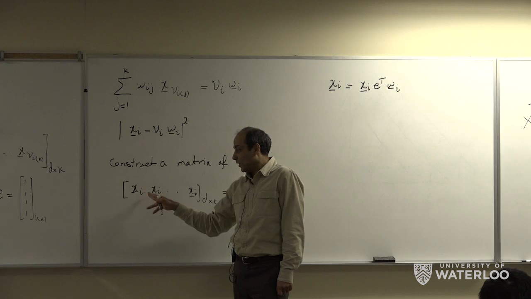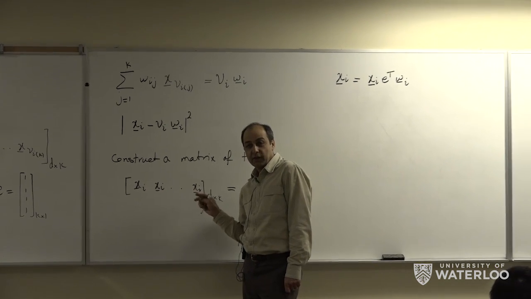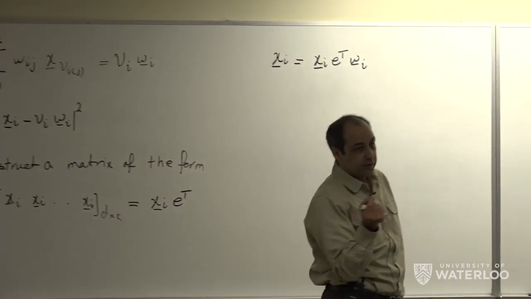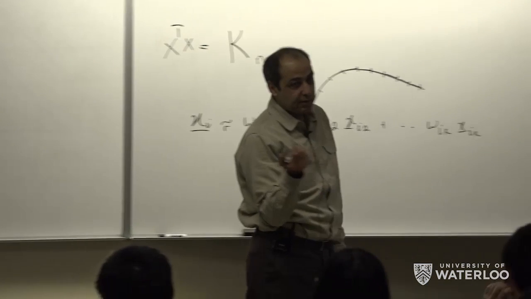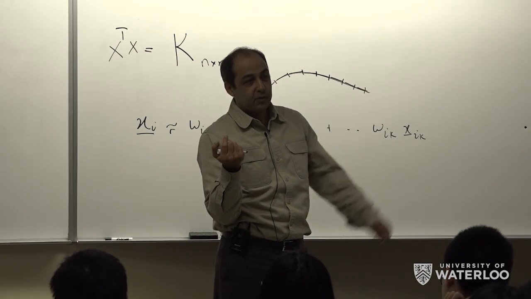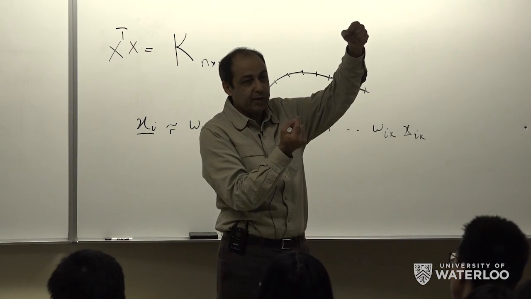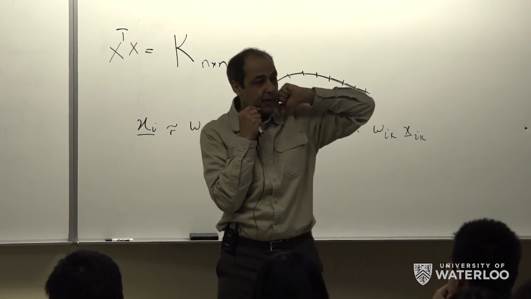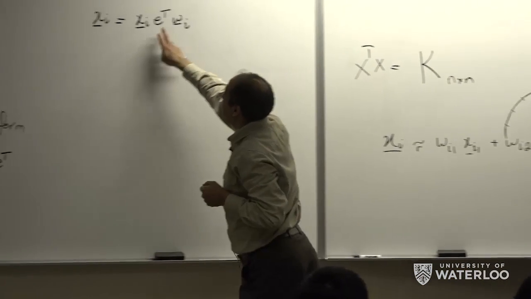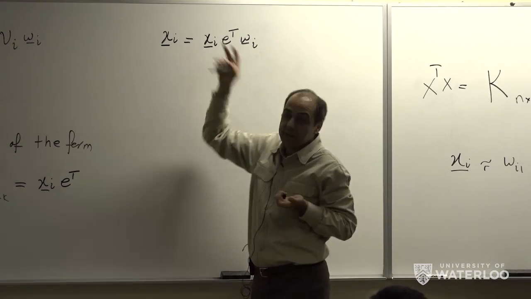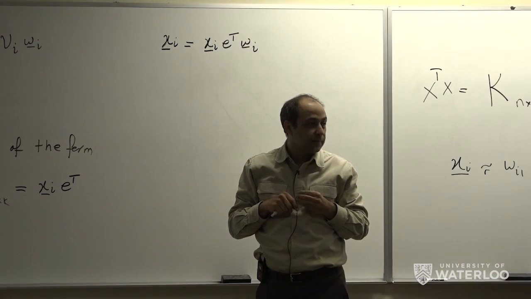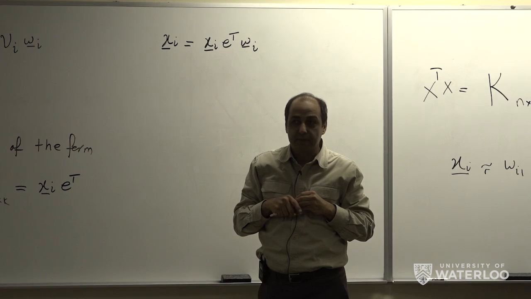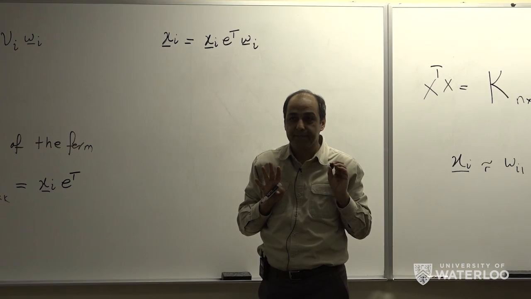I'm going to multiply each of these by a coefficient such that the summation of these coefficients is equal to 1. So 20% of xi plus 80% of xi is xi, right? So basically xi E transpose Wi would be xi. Is that okay?